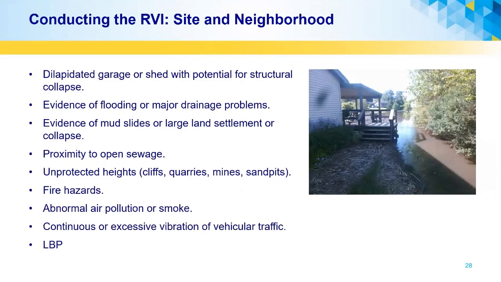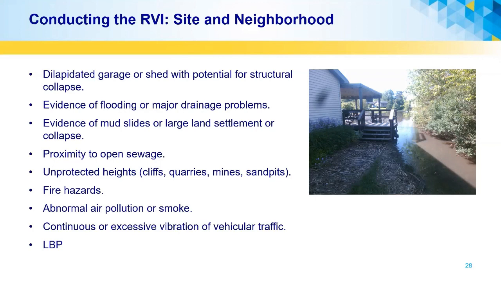Now we're getting into what we call site and neighborhood. The items that we're concerned about on site and neighborhood, and I realize this is a very charged issue, but the housing choice voucher requirements are that we do have to look at the site and neighborhood that our client will be using.